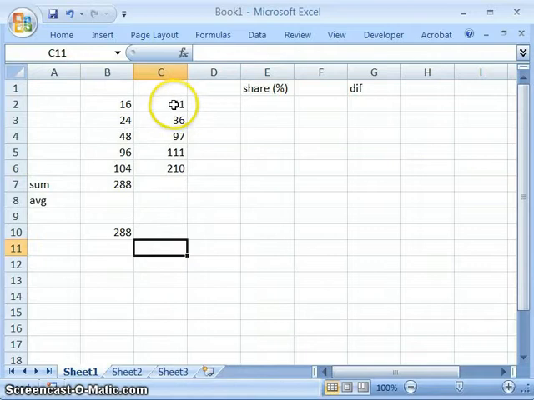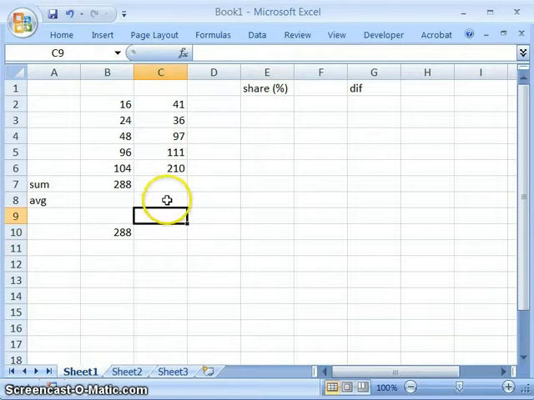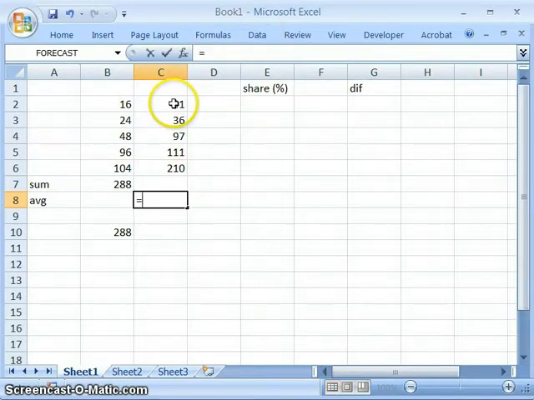Okay, so now let's take the average of these cells. We want the average right there. This one gets a little more tricky. So we want to do the equals, and we want to do the average. We always want to add these five up and divide by 5.